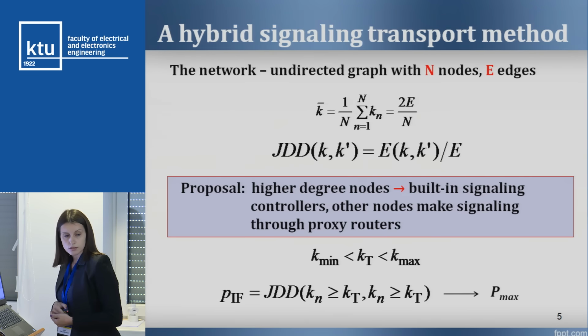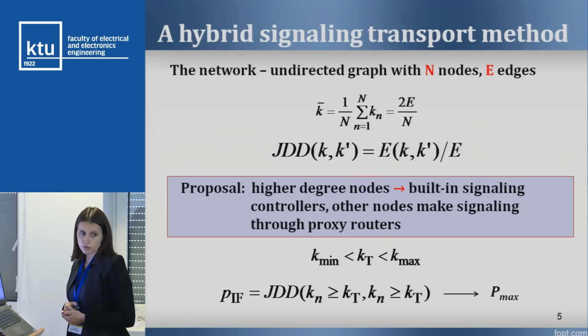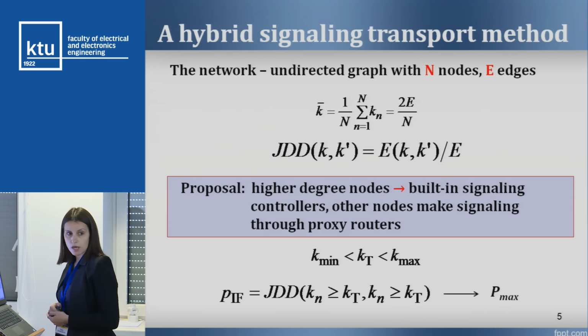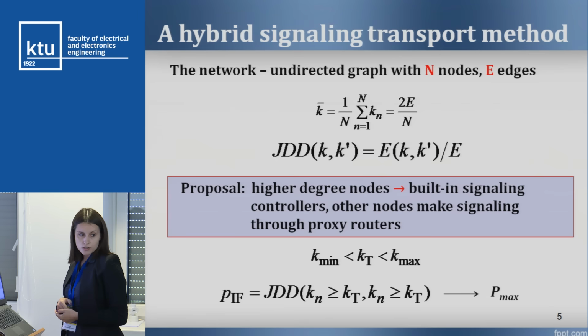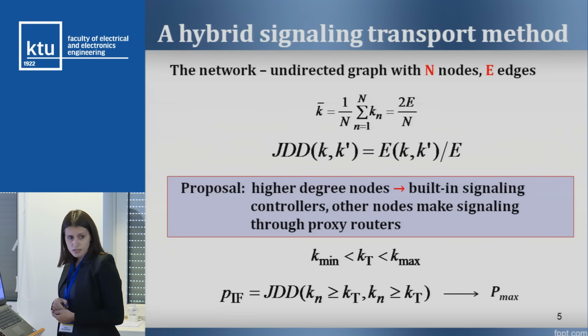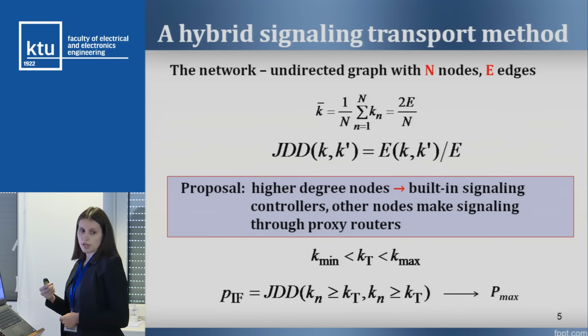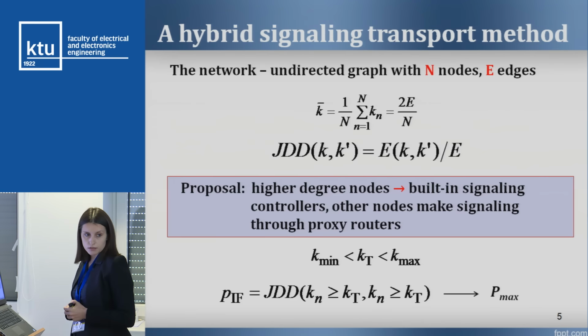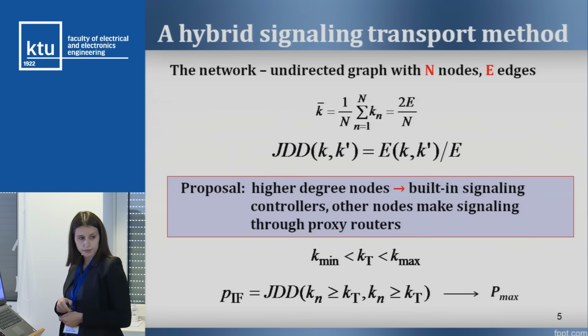This one is called node degree threshold, and it's higher than the minimum and less than the maximum node degree. This parameter is important because it allows the designer to flexibly plan and design a control plane and to make a compromise between latency and network reliability.